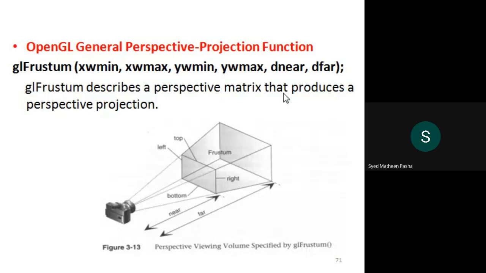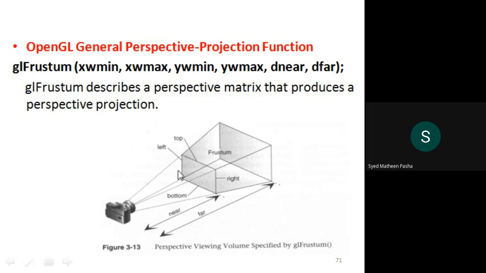Part with respect to perspective projection. As we discussed, we have a function called glFrustum, which basically gives you the perspective projection matrix with respect to the parameters, that is x minimum, x maximum, y minimum, y maximum, and near and far parts, that is with respect to the object. Check out this example. This is a perspective projection with the help of glFrustum.